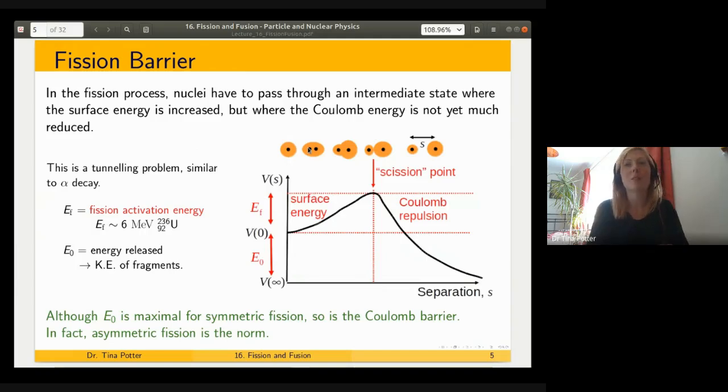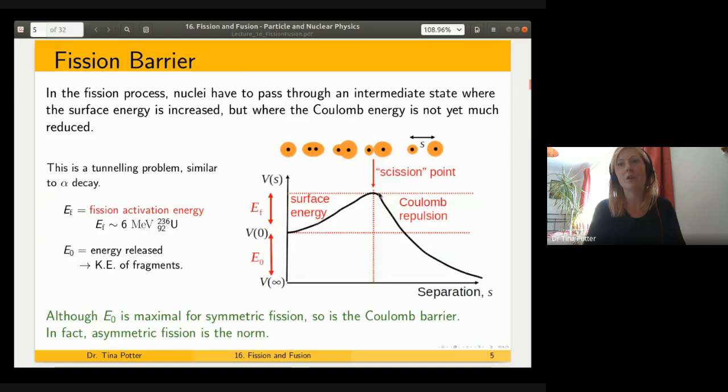The problem is once they've formed and they start to separate, their surface energy increases, but their Coulomb energy does not drop yet. So overall, the potential there is increasing until they actually separate at this scission point. So we're going to get an increase in the potential from them starting to separate, their surface energy increasing, and then a sudden drop off as they actually separate at this scission point.